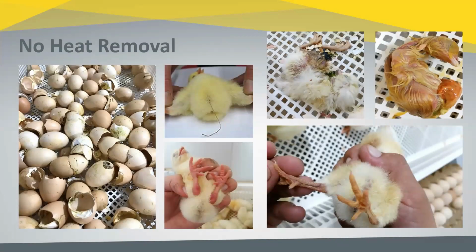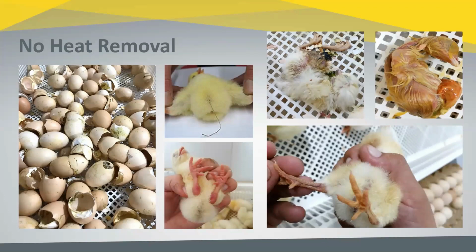Without the airflow aiding heat removal, you see a variation of things. This picture illustrates, when we look at the residue sampling on the left side of the screen, you'll recognize a lot of very rough edges on the eggshell when the chick was pipping because of too much heat.